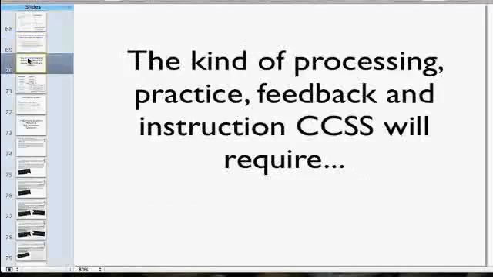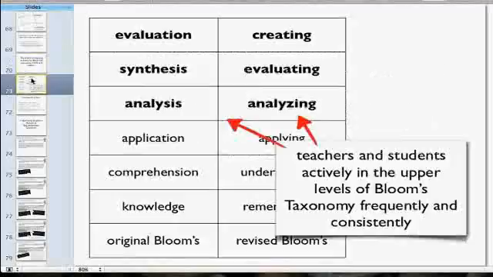So now we're getting into the realm of the different kinds of learning, processing, and practice and feedback that the Common Core will require for successful implementation and learning. It will require teachers and students to be actively in the upper levels of Bloom's taxonomy pretty frequently and pretty consistently in order to apply what they will have to apply with Common Core standards.